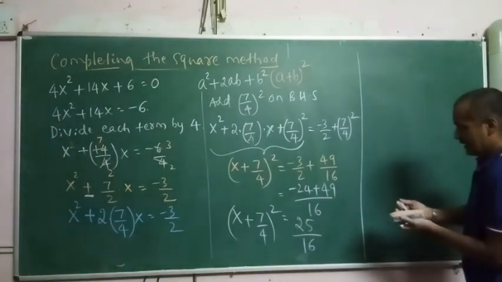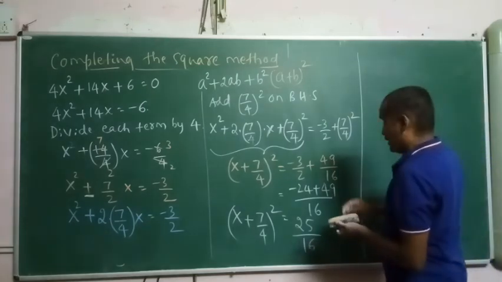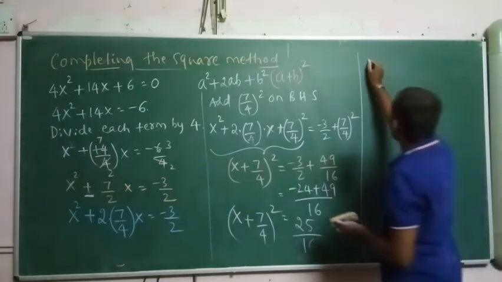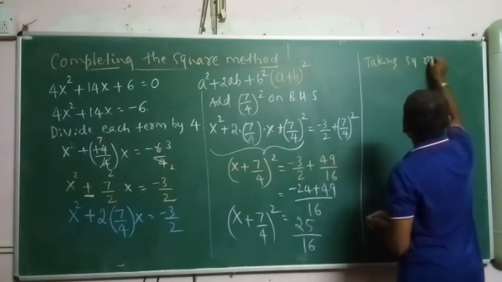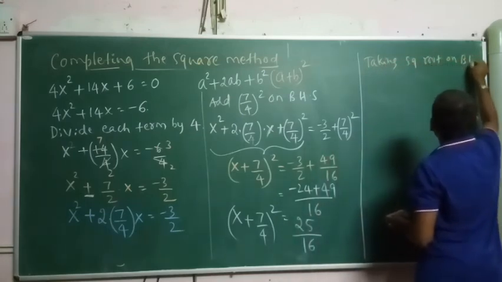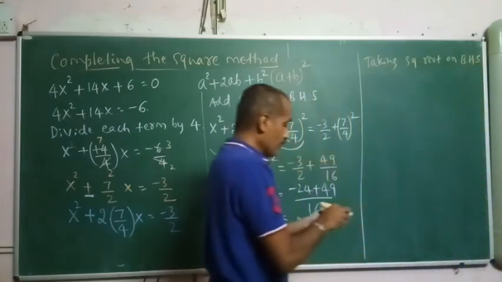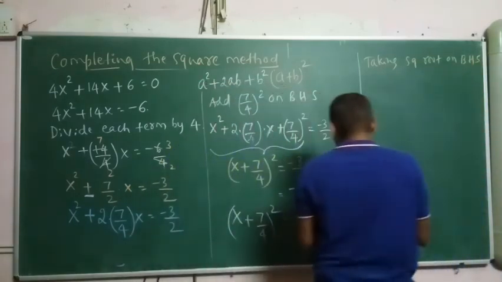Okay, now what can I write next? It is taking square root on both hand sides. Come on.